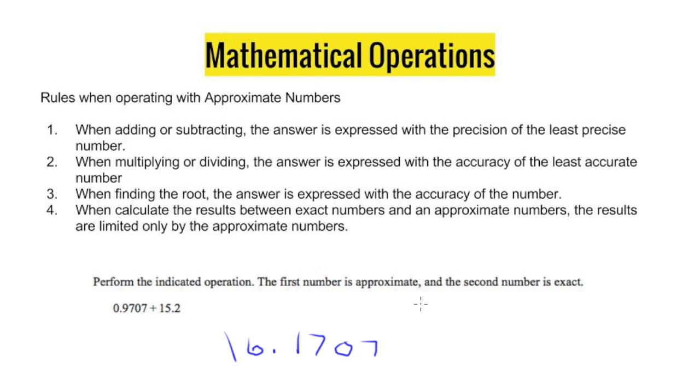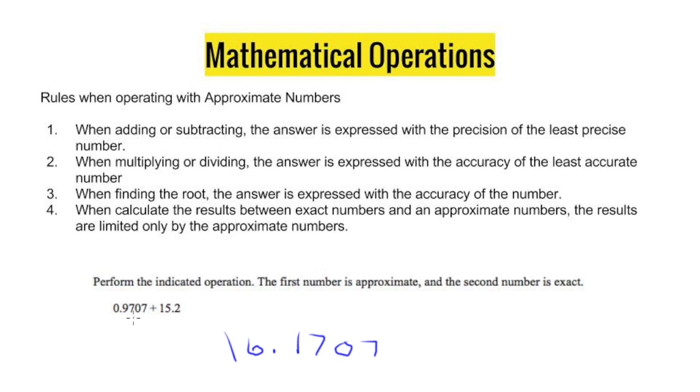All right, now we need to round this. So we need to look at this last rule. It says when calculating the result between exact numbers and approximate numbers, the results are limited only by the approximate numbers. So we just need to look at the first number because the first number is approximate.